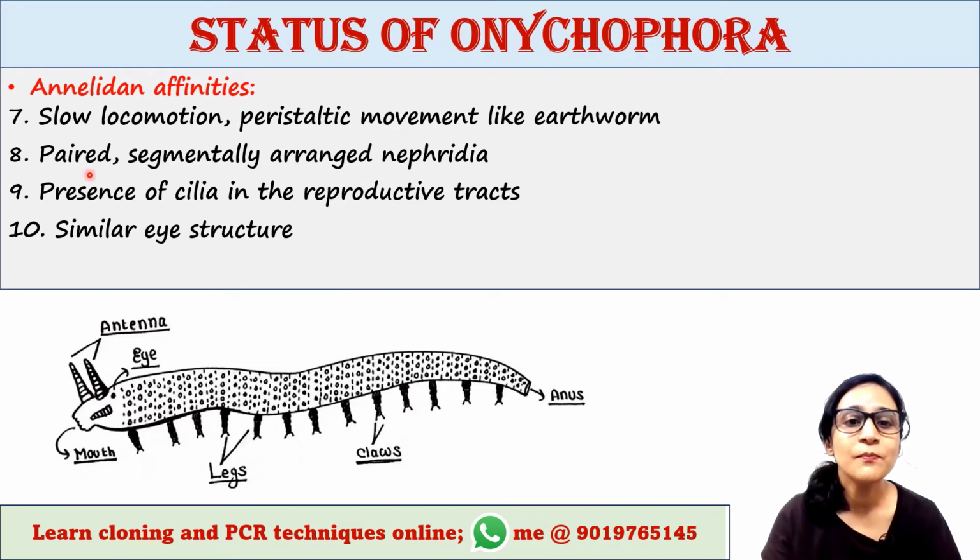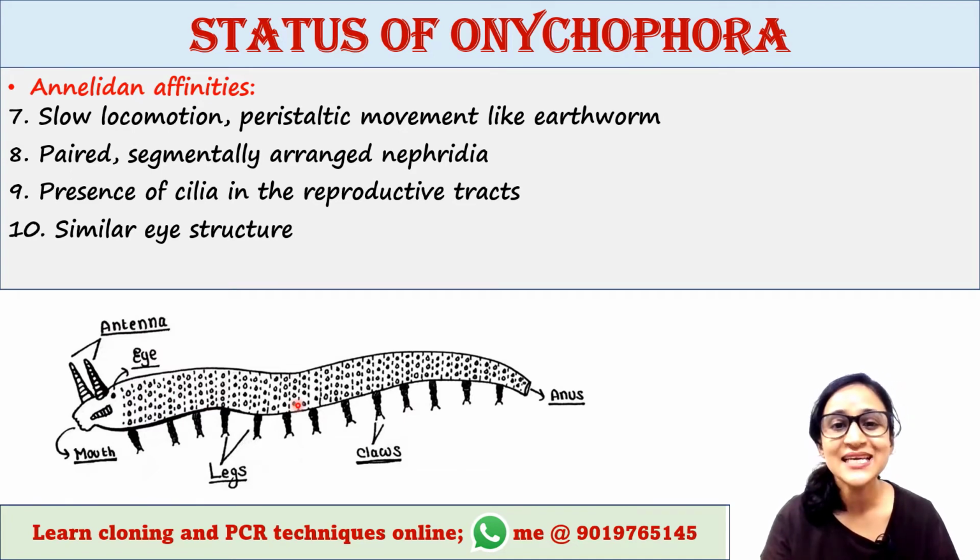And they have paired, segmentally arranged nephridia. Nephridia are excretory organs. One pair of nephridia is present in each segment of their body, so each segment contains two nephridia. Next, presence of cilia.